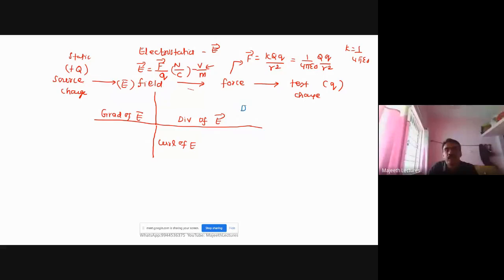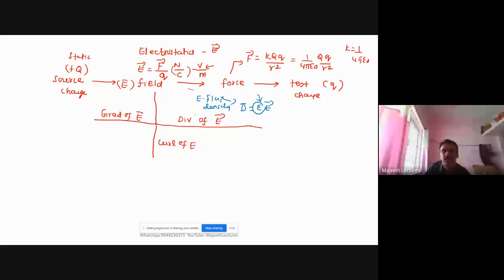Next one is D. D is equal to epsilon E. This is electric flux density. What is flux? I will explain later when we deal with Gauss law. So there is a relationship between E and D, just a multiplication factor epsilon. Both have the same meaning; the only thing is D is multiplied by some constant epsilon.